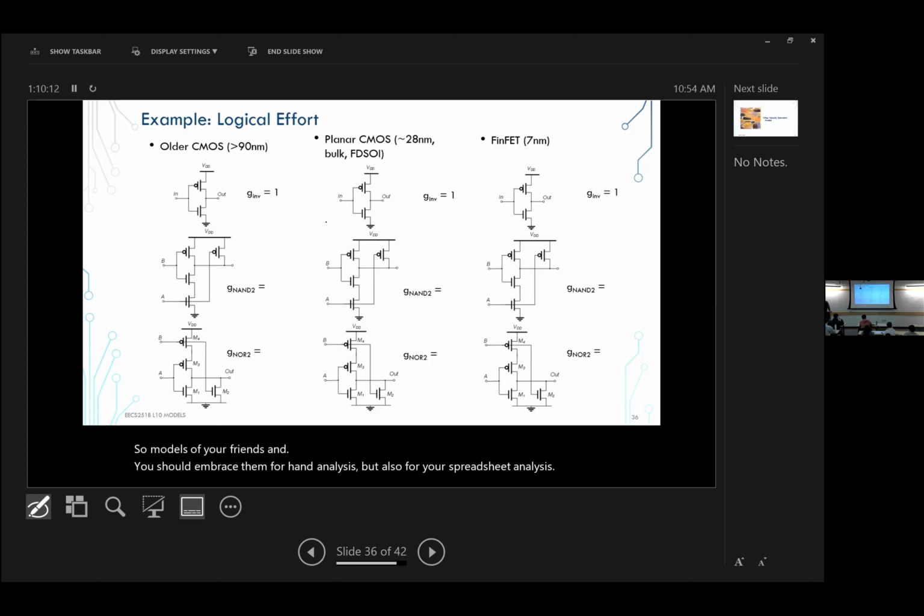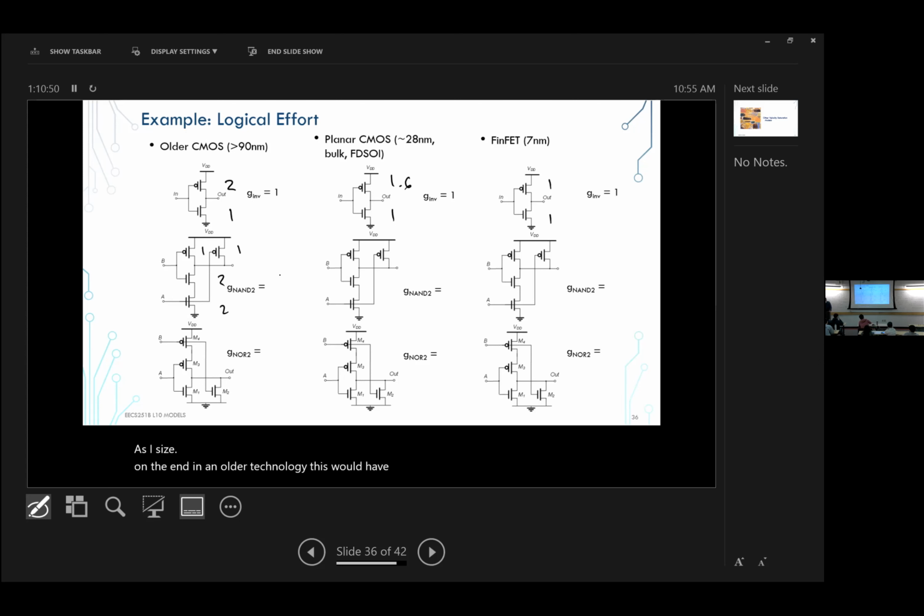Another one. Let's take a look at how this impacts our logical efforts. By definition, in any technology, the logical effort of an inverter is 1. In all technology older than 90 nanometers, before we used strain, sizing would have been 2 to 1. In 28 it would have been about 1.6 to 1, and in FinFET it is 1 to 1. As I size a NAND in an older technology, this would have been 2, 2, 1, 1.